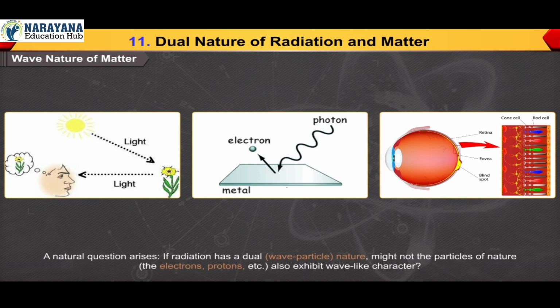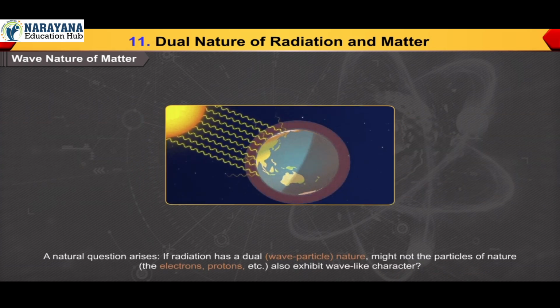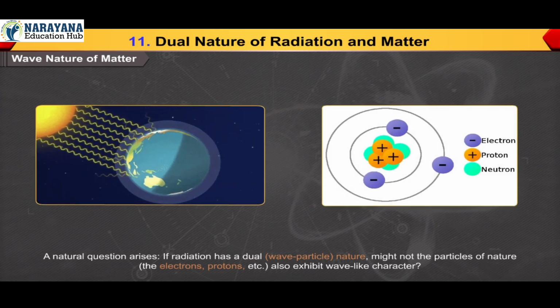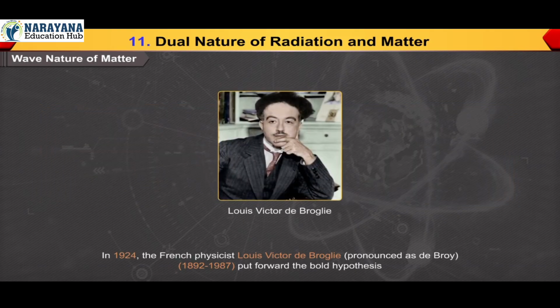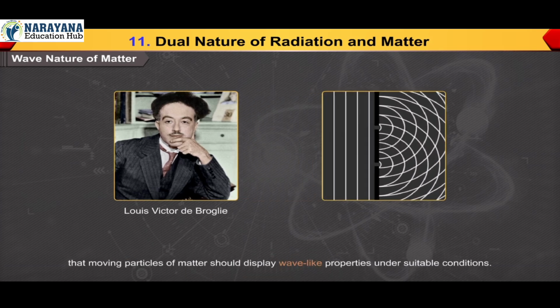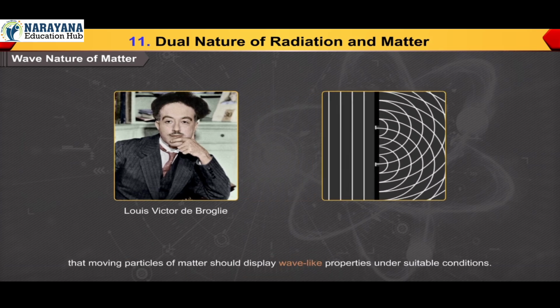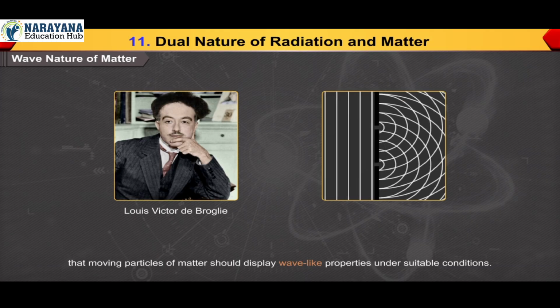A natural question arises: if radiation has a dual wave-particle nature, might not the particles of nature, the electrons, protons, etc., also exhibit wave-like character? In 1924, the French physicist Louis Victor de Broglie (1892 to 1987), pronounced "de Bro", put forward the bold hypothesis that moving particles of matter should display wave-like properties under suitable conditions.